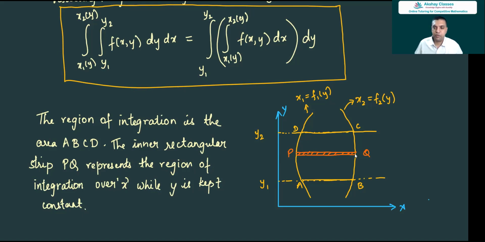So y is constant, y value is not changing, but x value is changing. And it varies from this f of y1 to f of y2. So this is the region of integration.